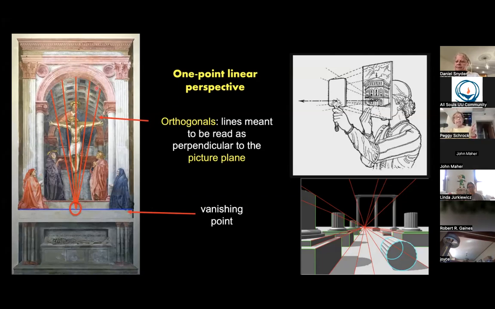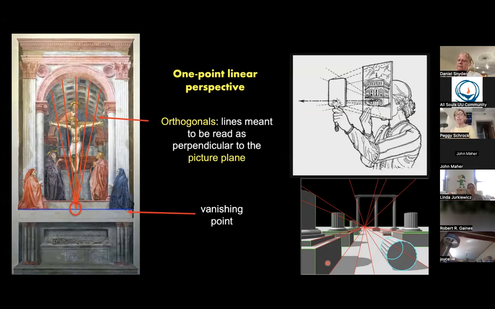And then Masaccio has painted this in such a way that all of the orthogonals converge at that vanishing point. Orthogonals are lines within a painting that identify any object that is meant to be interpreted as perpendicular to the picture plane.